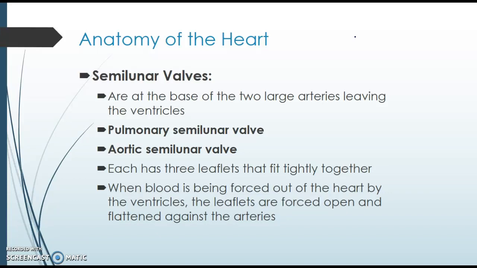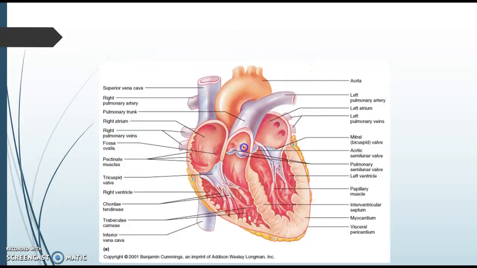You're actually building enough pressure in the ventricles that when they contract, it forces blood through these valves, just kind of like a ketchup bottle does. So here is your pulmonary semilunar valve. It's separating the right ventricle from the pulmonary arteries. And then the aortic semilunar valve is kind of hidden, but it's right here, and it's separating the left ventricle from the aorta.